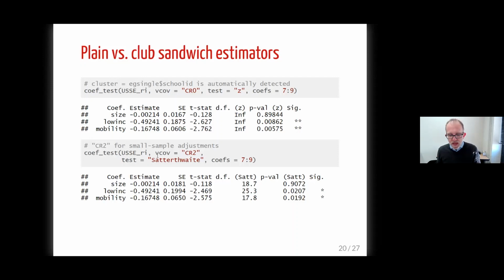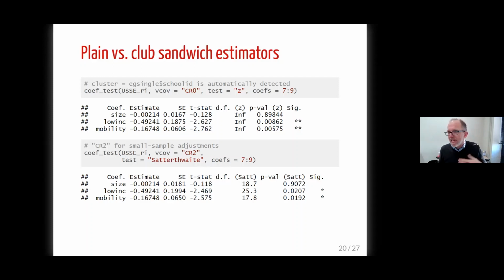At the bottom, I'm using the small sample refinement, called CR2, the cluster robust type 2 adjustments, and then the Satterthwaite degrees of freedom adjustments. Comparing these two, you can see that at the bottom, the standard errors generally go up a bit to correct for the downward bias in the plain sandwich.